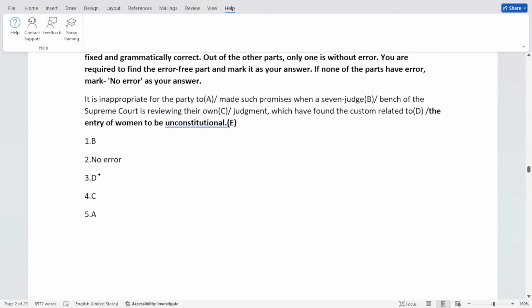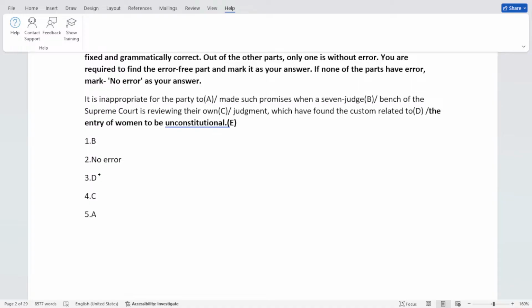So here, it is inappropriate for the party to have made such promises when a 7-judge bench of the Supreme Court is reviewing their own judgment, which found the custom related to the entry of women to be unconstitutional. So accordingly, what will be the correct answer? We are supposed to see.